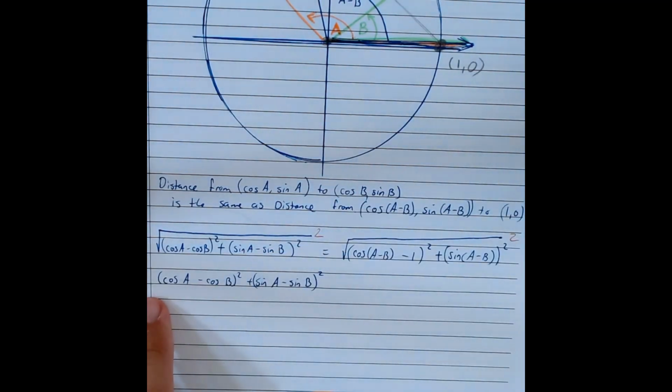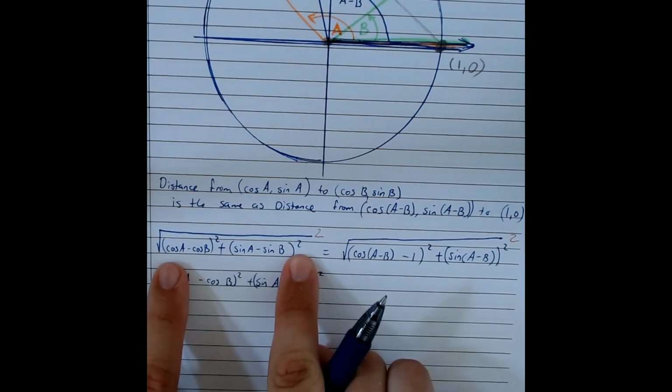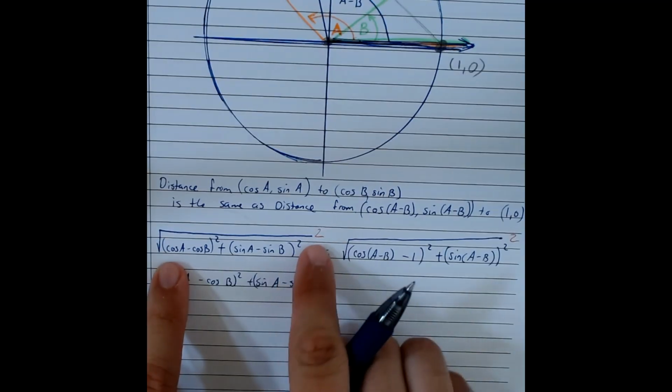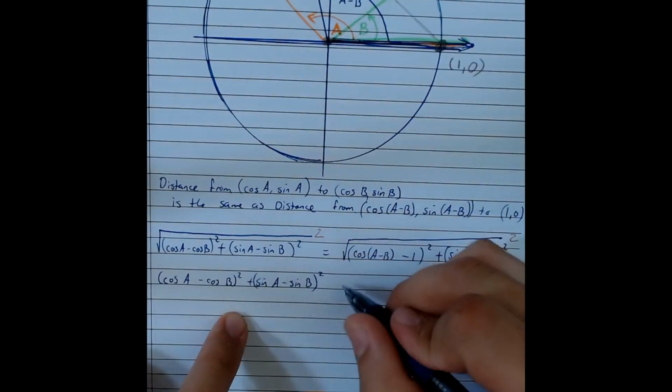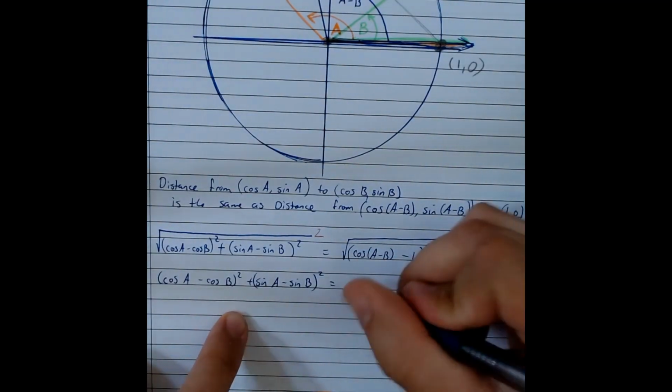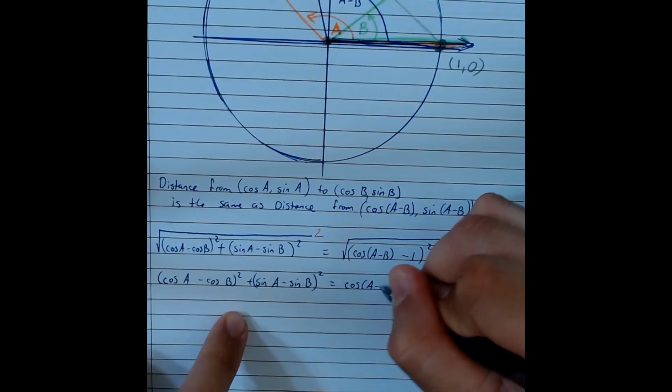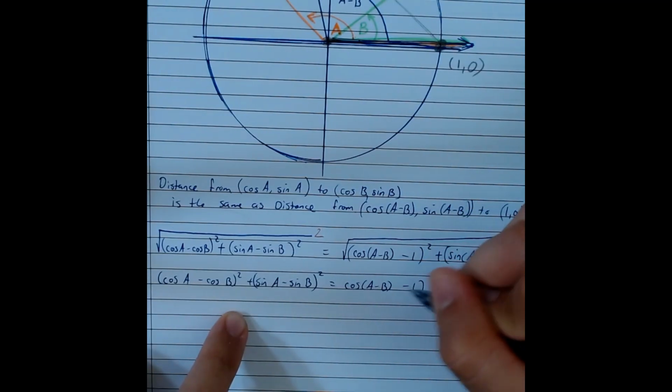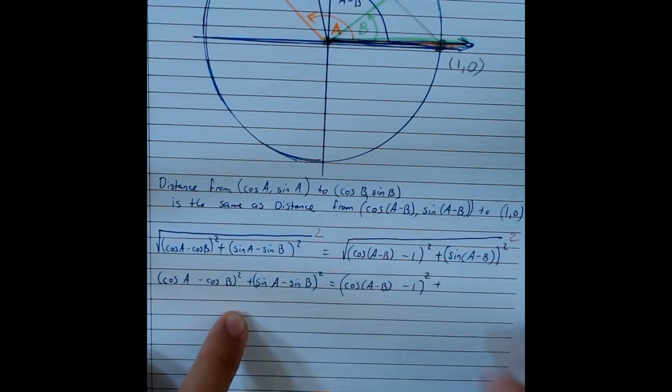And there's no more square roots there. This was a distance, which means it was positive, so we don't have to worry about the square messing up any signs. Over here, we can say the same thing. That's (cosine of A minus B minus 1) squared plus (sine of A minus B) squared.